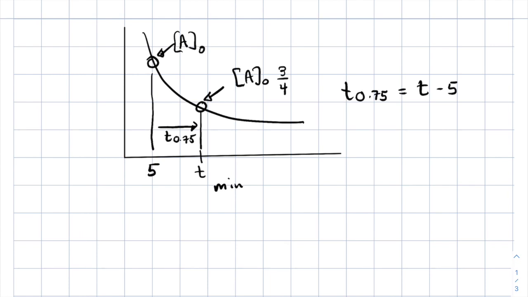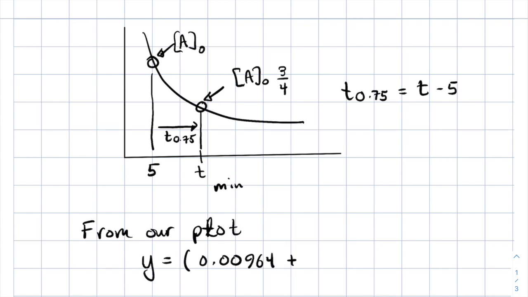So from our plot, what we found was the equation of the line, y equals 0.00964 plus 1.3647 times 10 to the minus 4 times t to the minus 1, right? Remember, it's an inverse plot. All right, so let's solve for our time because this is going to be useful for us.